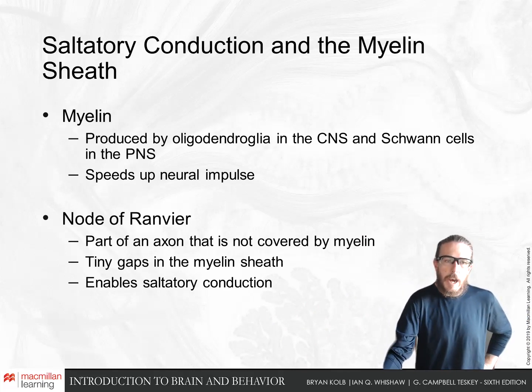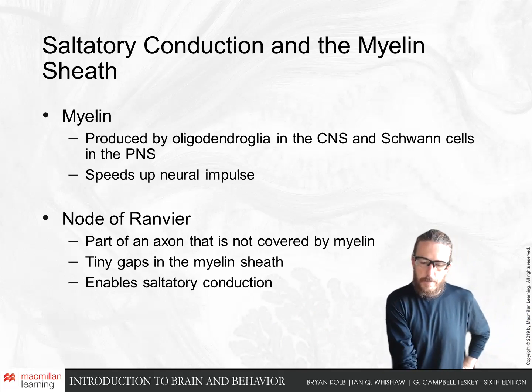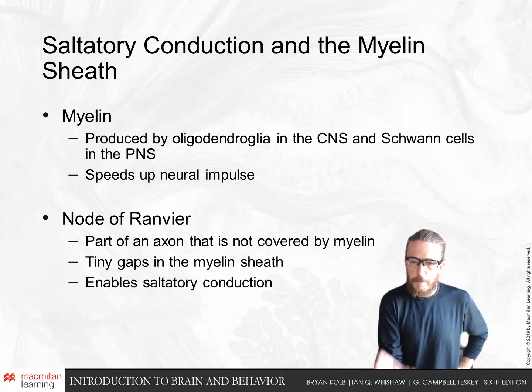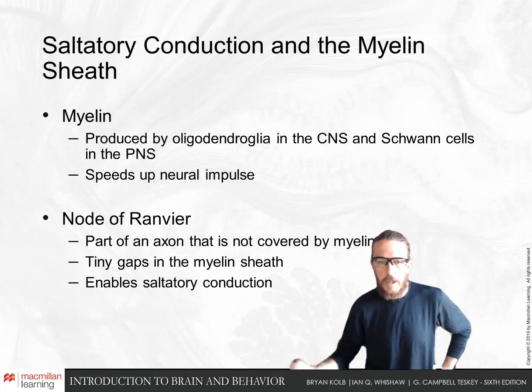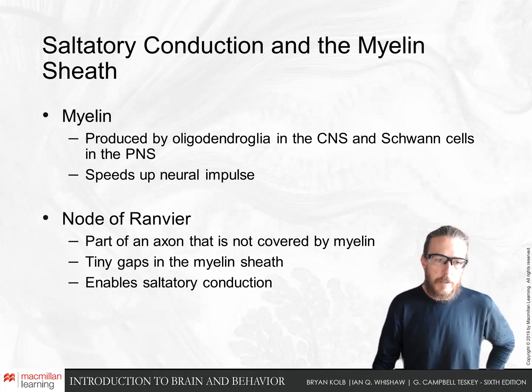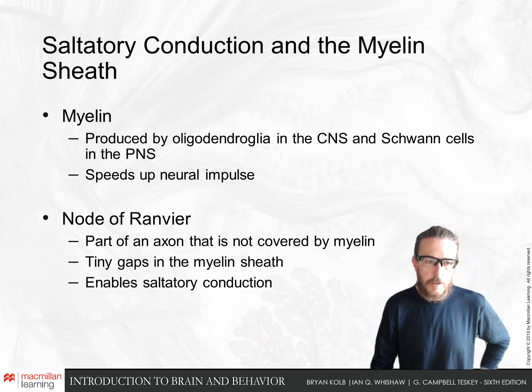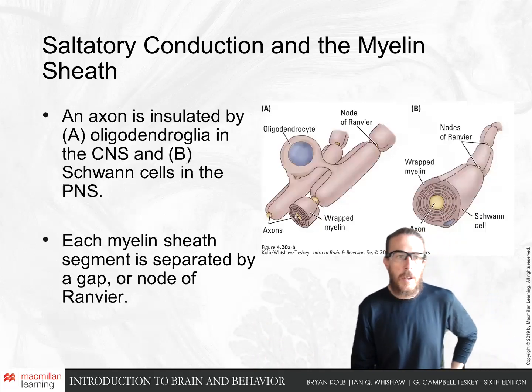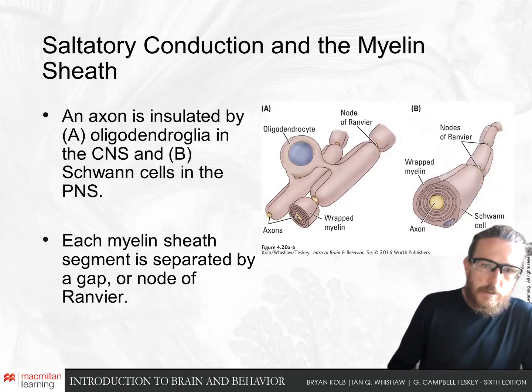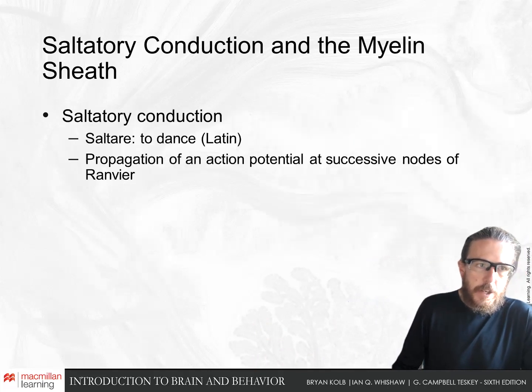These tiny gaps enable the voltage sensitive channels to open up every so often in the axon, enabling something called saltatory conduction, or jumping conduction. So here we can see the oligodendrocytes and Schwann cells wrapped around those axons, and the gaps between them called the nodes of Ranvier.